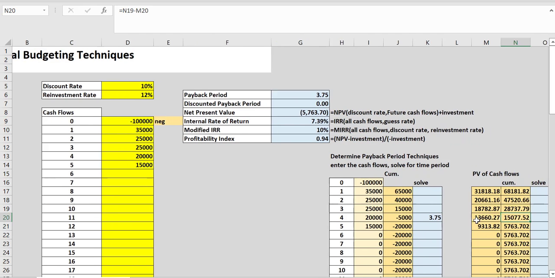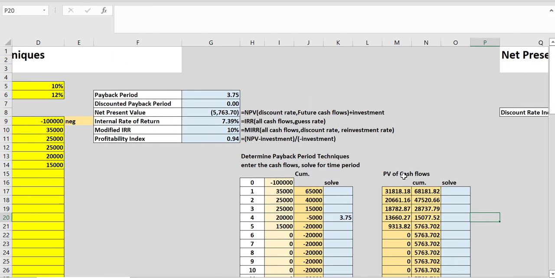Now for this project, we also calculate the present value of the cash flows so that we can do the discounted payback period. Now, when you go down the list, again, we have the same process, except what you'll notice is it never goes negative. So what that means from the discounted payback period, using present value cash flows, is we're never going to receive all of our money back.